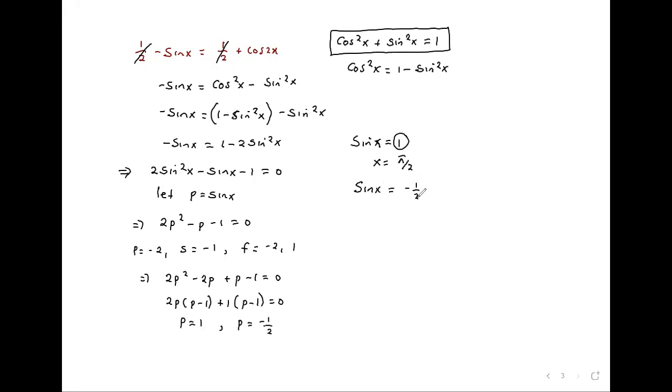So this means that if we forget about the negative and deal with sin x is equal to half, you'd observe that x is 30, pi over 6. But 30 is in the first quadrant where sine is positive. So we need to go to the third quadrant and the fourth quadrant.